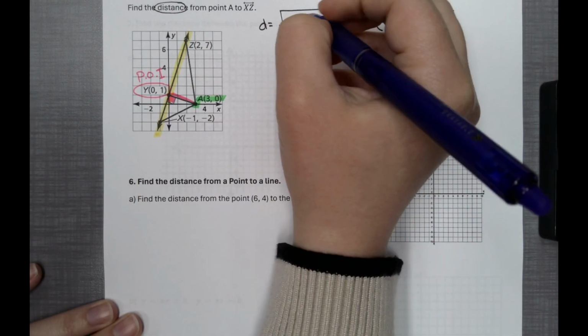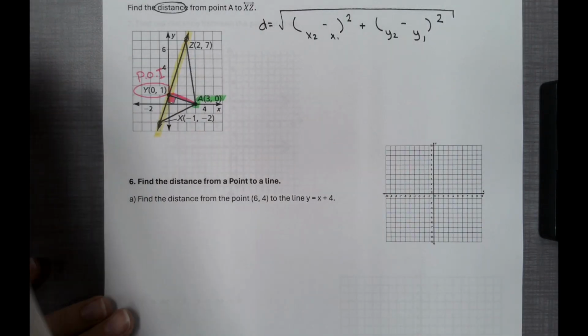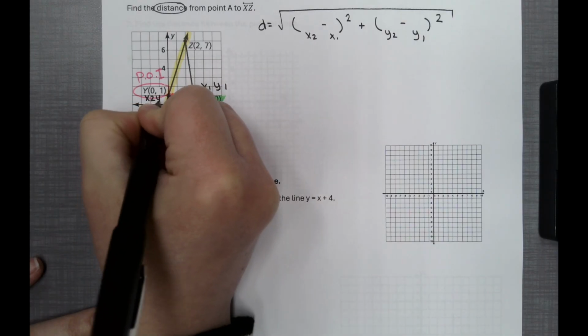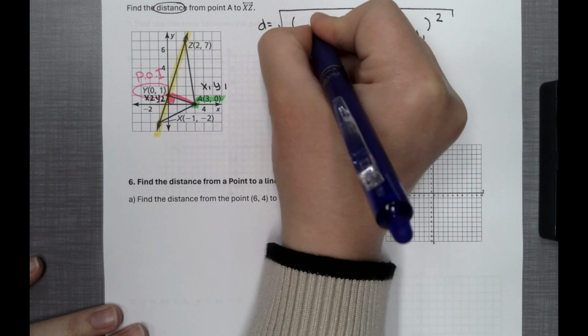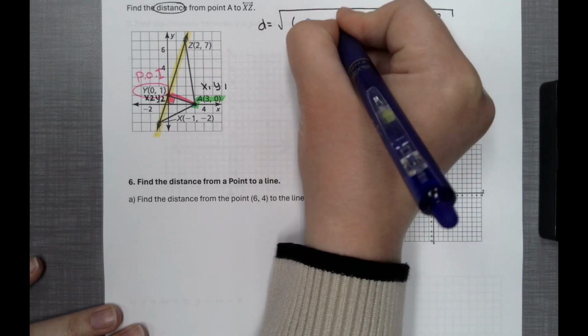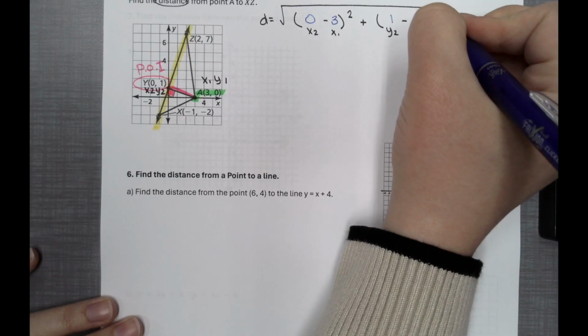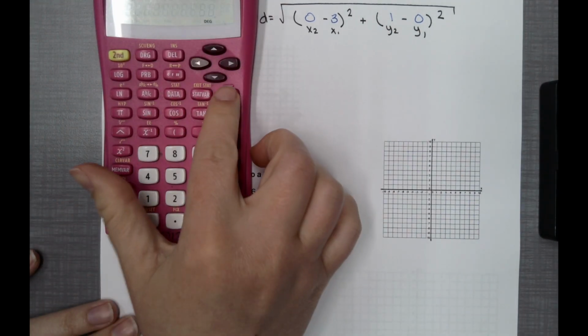We're going to plug this in. x2. Oh, I didn't even label my points. I was confused for a moment. Here's x1, y1, x2, y2. So x2 is 0, x1 is 3, y2 is 1, and y1 is 0. Okay, typing that in.